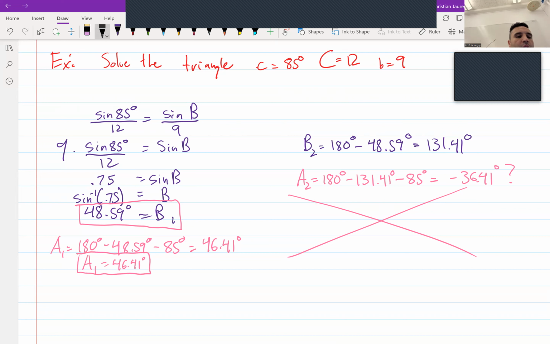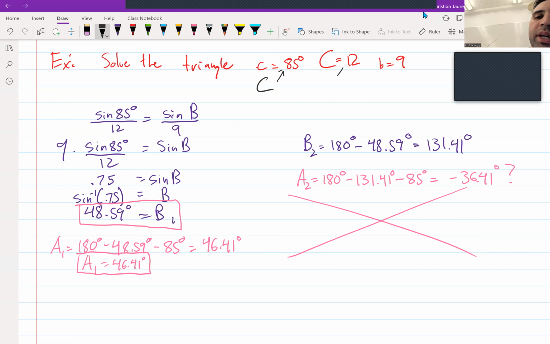Then with that, I can use law of sines again to find the last piece of information, which would be little a. As I'm looking at this, I believe I've given us a little bit of odd information. This should be big C, and this should be little c. We probably didn't notice that as we're going through, but it'll be more clear on MyOpenMath.